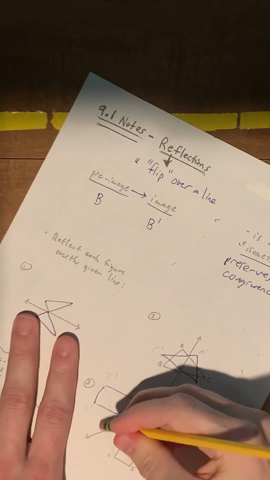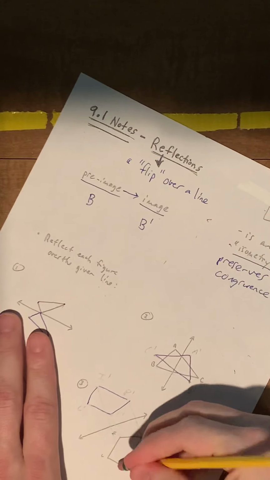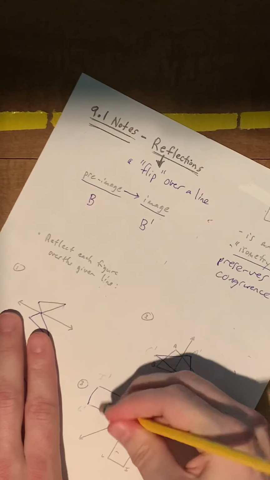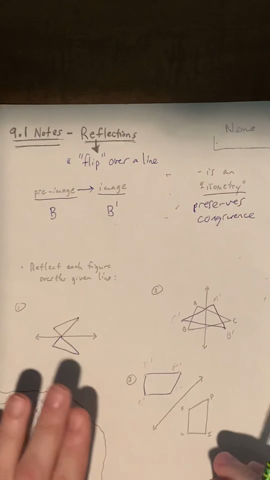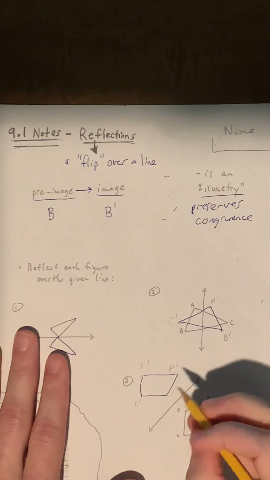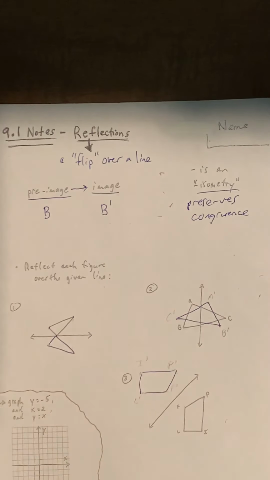But I'm going to erase the helper segments. And as long as you were careful and you went to and from 90 degrees straight through, and your helper segments, if you drew them, were congruent, that is about what the figure should look like.